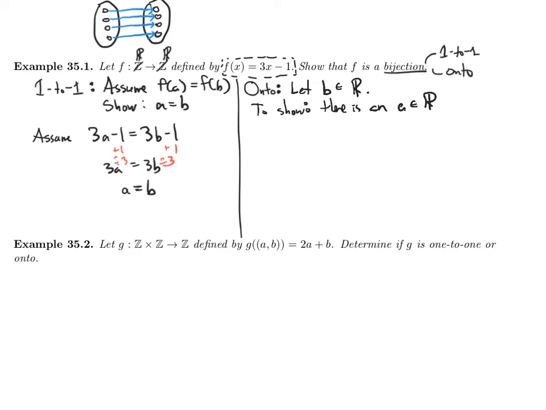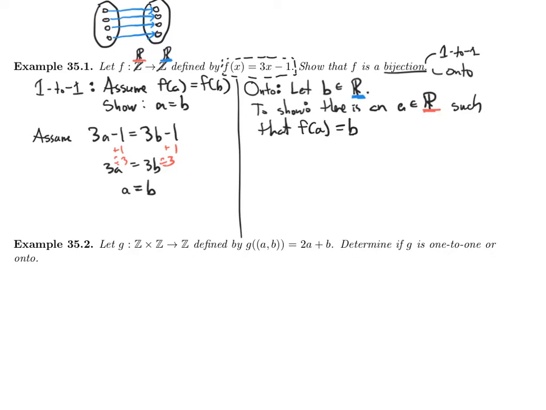So let's just be clear. This is my codomain here, and this, the real numbers, is my domain. So there is an element in our domain such that if I plug in a into our function, I get b.